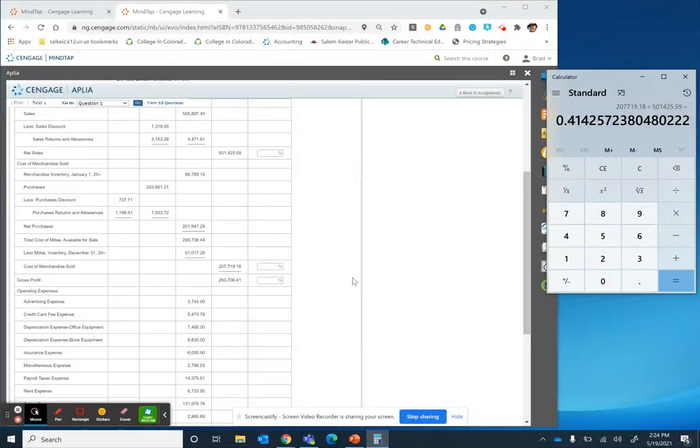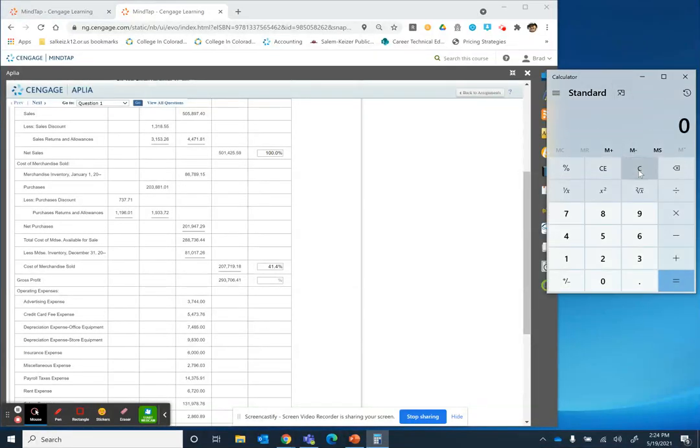This is going to come out to be 41.4%. I forgot to do this one here first. What is the net sales of net sales? 100%. Now we're doing the cost of merchandise sold. This comes out to be 41.4%. We do not need to round up the 4 because it's not that high. We're not going to round it up.